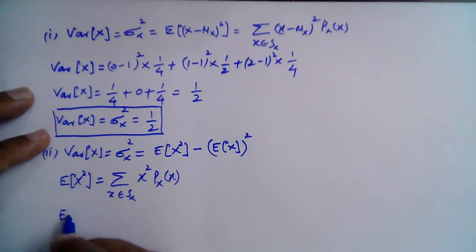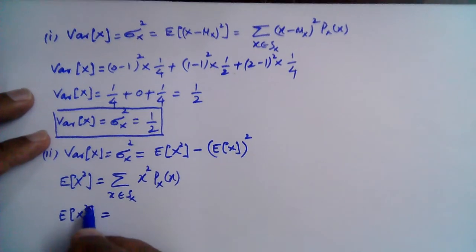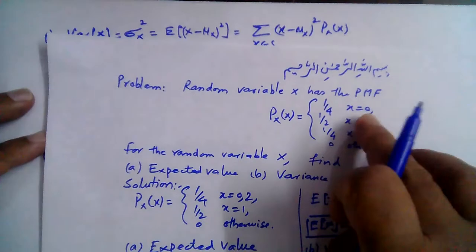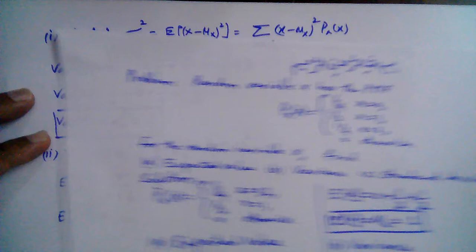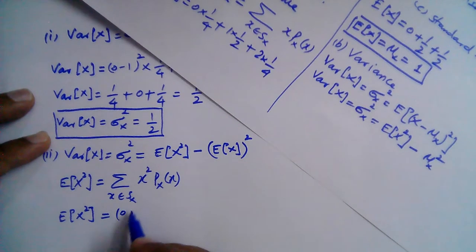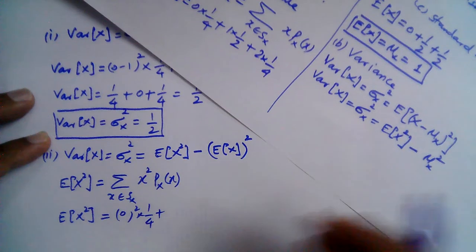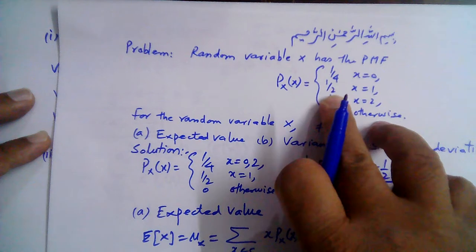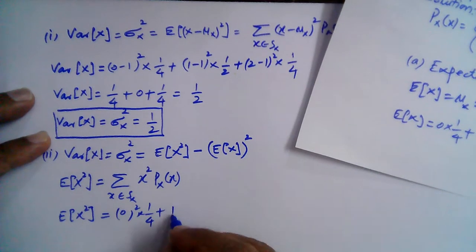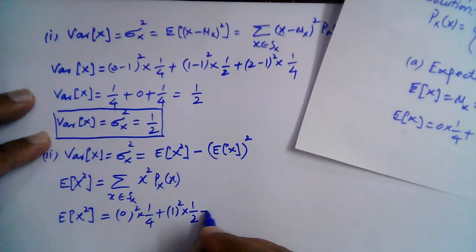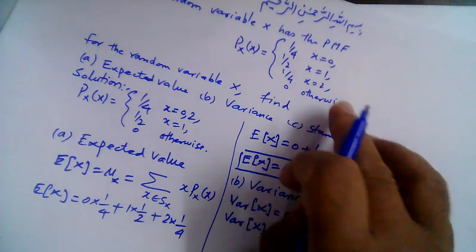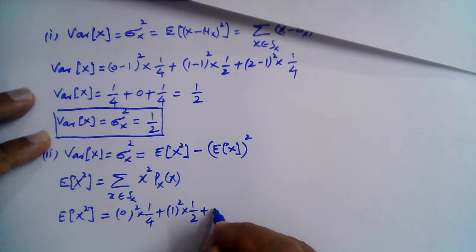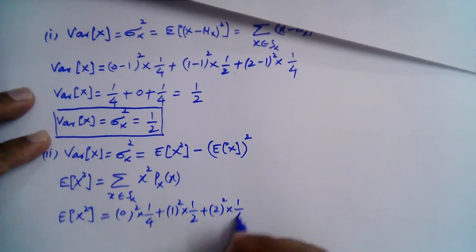So expected value of x square is equal to, now again we have just three values of x, so 0 squared multiplied by 1 over 4 plus 1 squared multiplied by 1 over 2 plus 2 squared multiplied by 1 over 4.